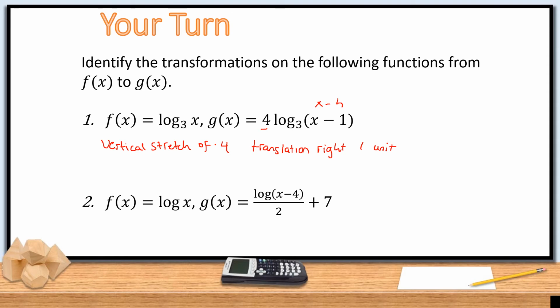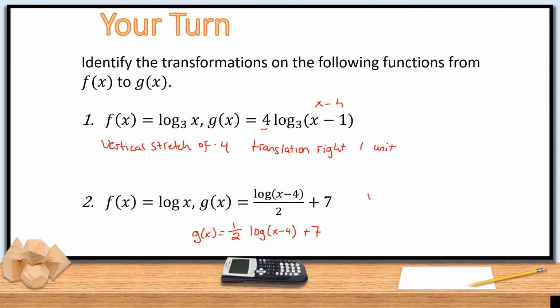For the second one, it's log of x, remember that's base 10, log base 10 of x, and we've got log base 10 of x minus 4 over 2 plus 7. That over 2, another way you can think about that is g of x is equal to a half log of x minus 4 plus 7. This kind of lets you see that a value a little bit clearer.